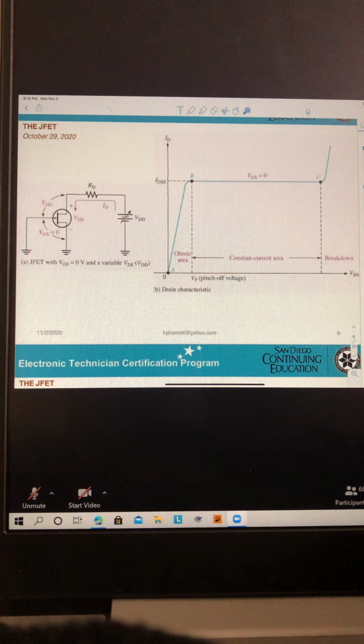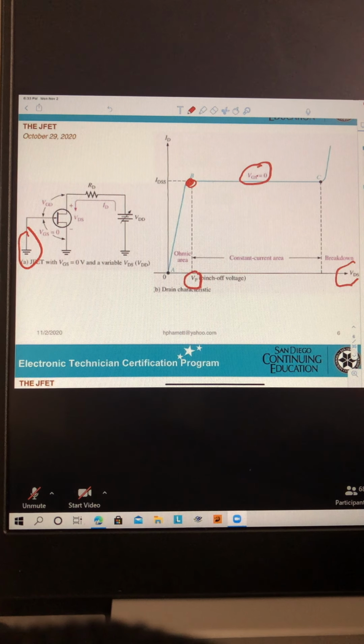In this case, they will be grounded at the gate. That means VGS equals 0. So when they go up to this point right here, then VGS equals 0, and the voltage VDS right here equals VP.